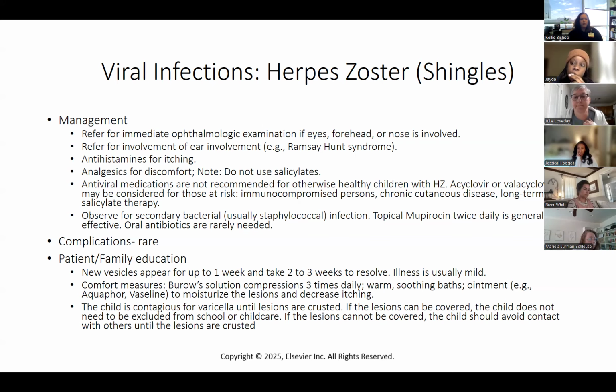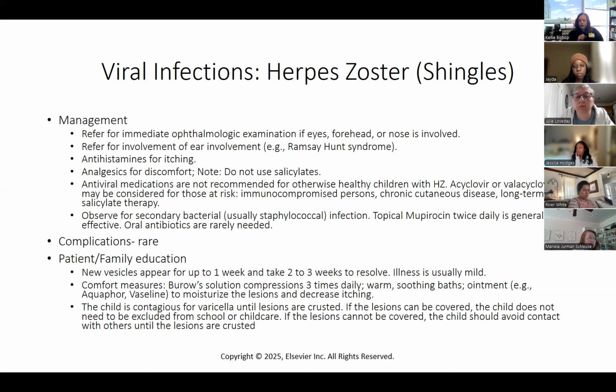Calamine lotion is a big one that people will talk about with varicella and shingles, and people like it. As a kid, when everybody was getting chickenpox and we all had chickenpox parties, everybody used calamine lotion. But now, it doesn't work any better than anything else. So if they just really want to do it, they can. But they can also just use Aquaphor.